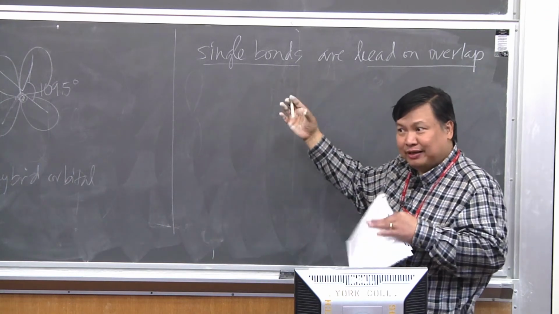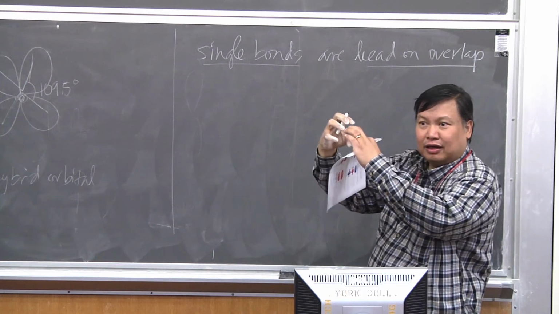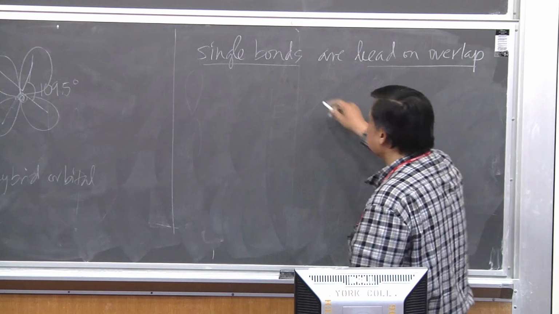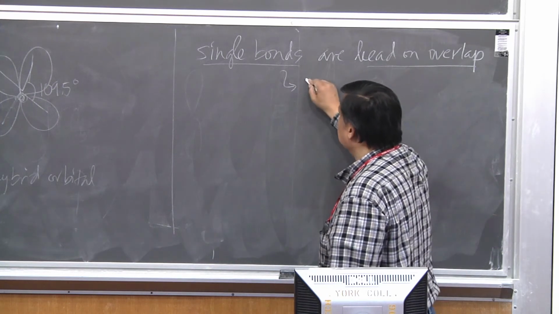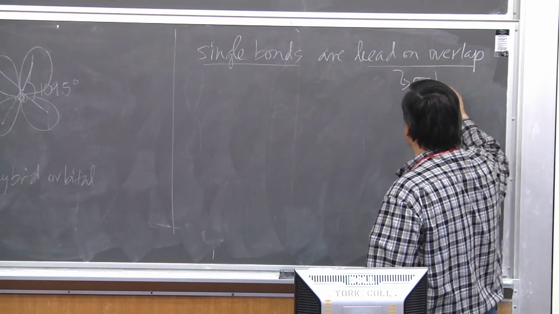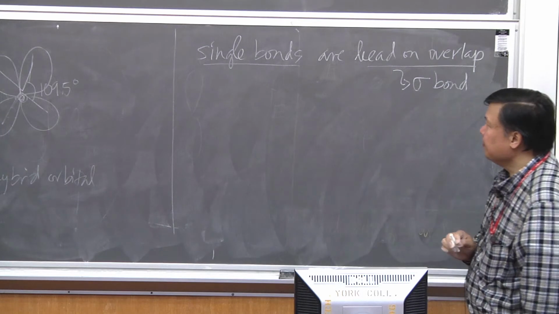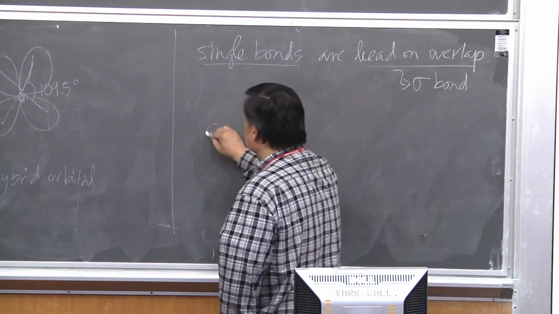What we mean by head-on is what we just did. The two orbitals coming together head-on. Okay? And this is referred to also as a sigma bond. Okay?